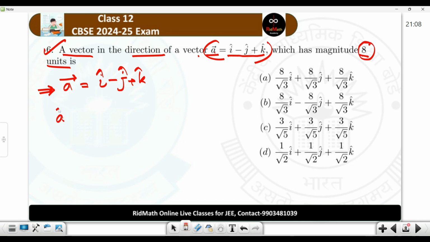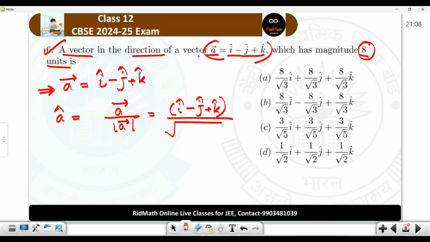So we will find the unit vector along this vector and then multiply it with 8 unit. So the unit vector a cap in the direction of a vector is this a vector divided by mod of a vector. So what is a vector? I cap minus j cap plus k cap, and this modulus is root over 1 square plus 1 square plus 1 square, that is 1 by root 3 I cap minus j cap plus k cap.